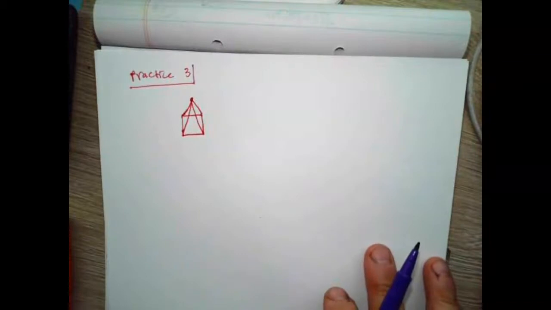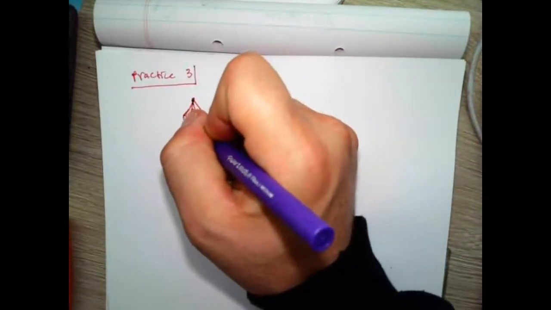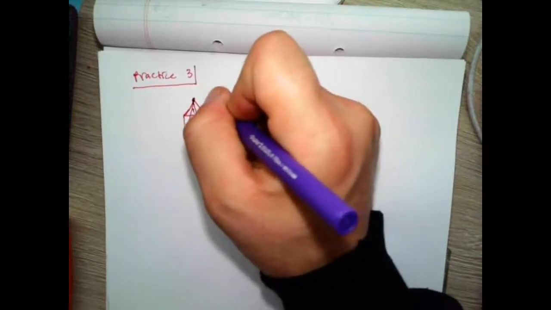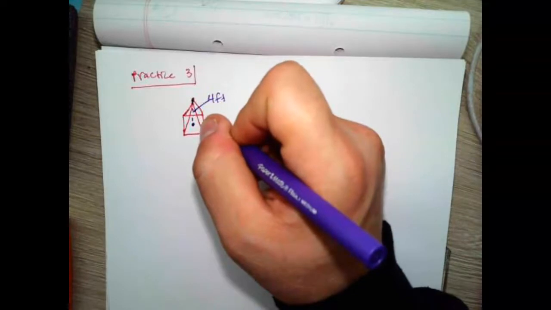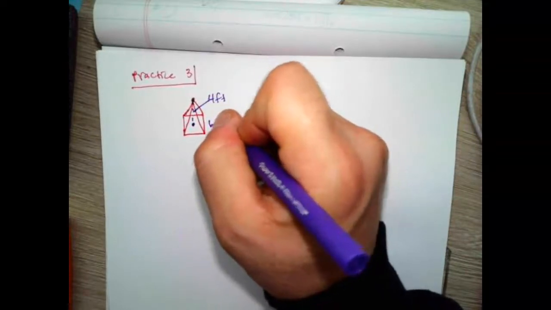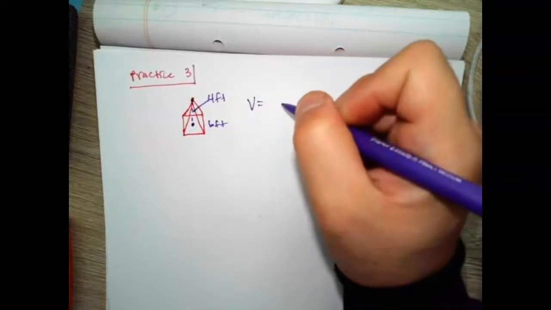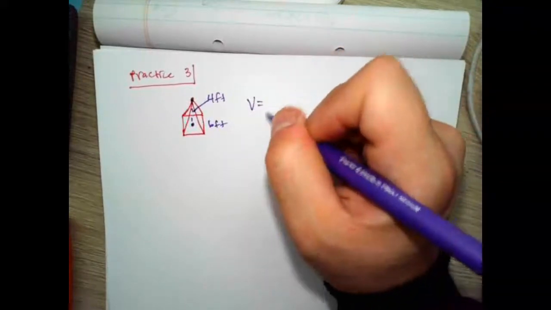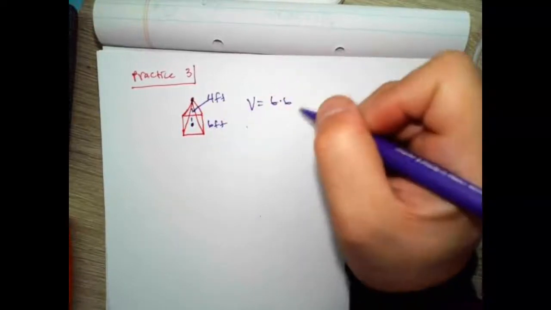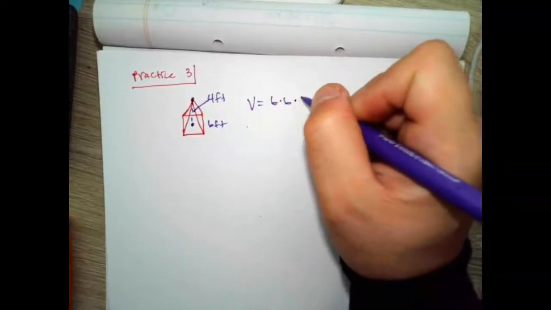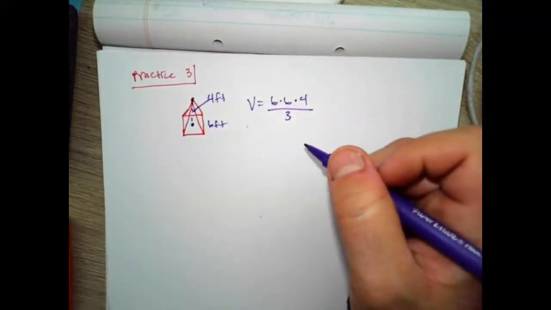So the problem here in practice 3 is another pyramid. It says the pyramid is 4 feet tall, and it says the base edge is 6 feet. It has a square base, so again, calculate the volume. The volume is the area of the base, so it's a square, 6 times 6 times the height, which is 4 feet, then divide by 3.